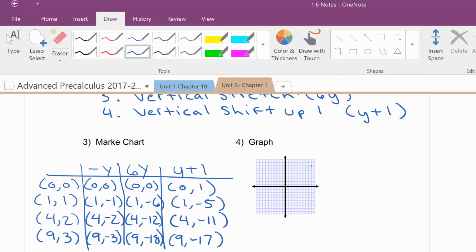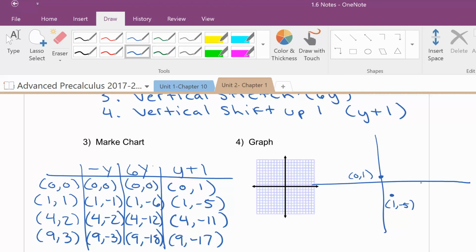So here, if we make this go by 2's, we have 0, 1, which is like right there. We have 1, 5. Here, I'm just going to make this bigger because it's a little small. So I would just put 0, 1. Then I have 1, negative 5, which is down here.